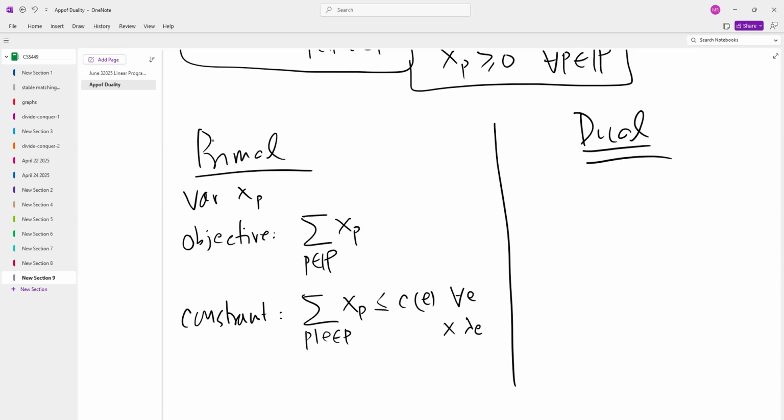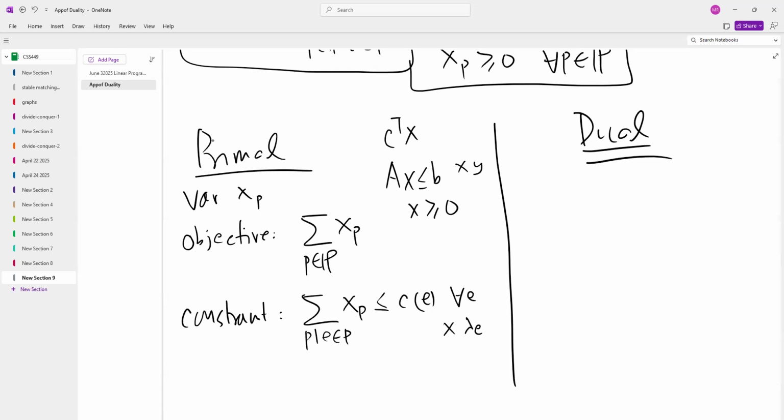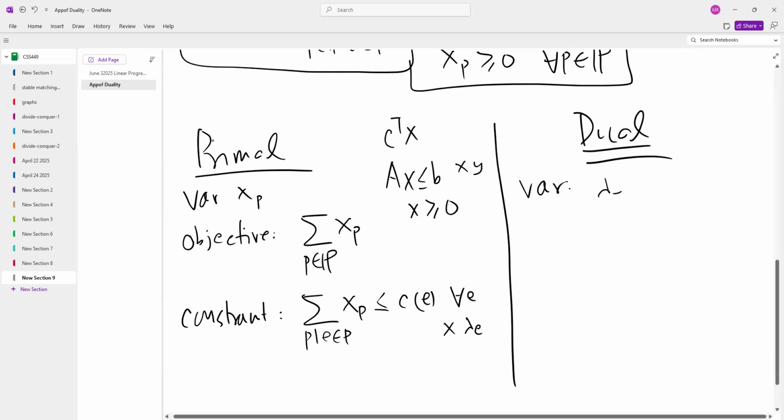And now, if you recall from the standard form, it was c transpose x, Ax less than or equal to b, x greater than or equal to 0, right? And then here we would introduce a set of y variables, and that goes into the dual objective, which we are trying to minimize. So now in the dual, the variables are going to be these lambda_E, right?